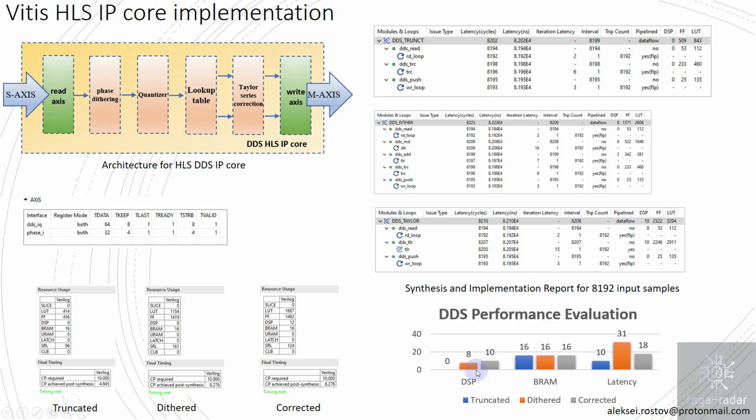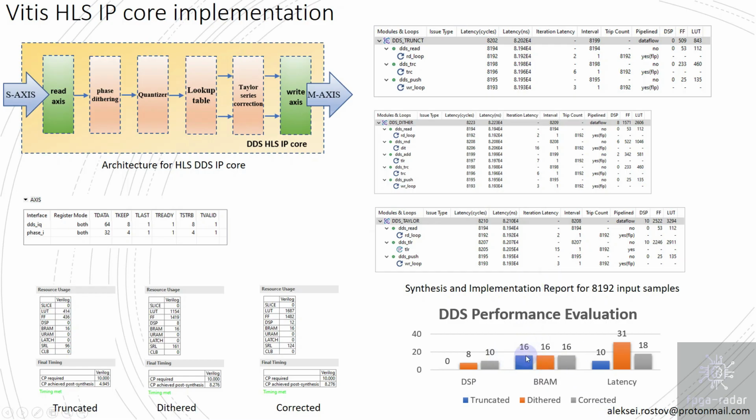The dithered implementation requires at least 8 DSP blocks, mostly for the implementation of the random number generator in the phase dithering sub-function. And 10 DSP blocks for the corrected implementation of the DDS IP core because of the additional computation required in the Taylor series correction sub-function.